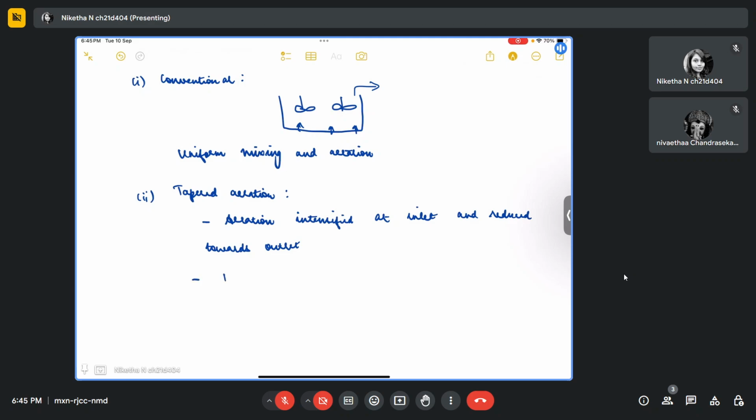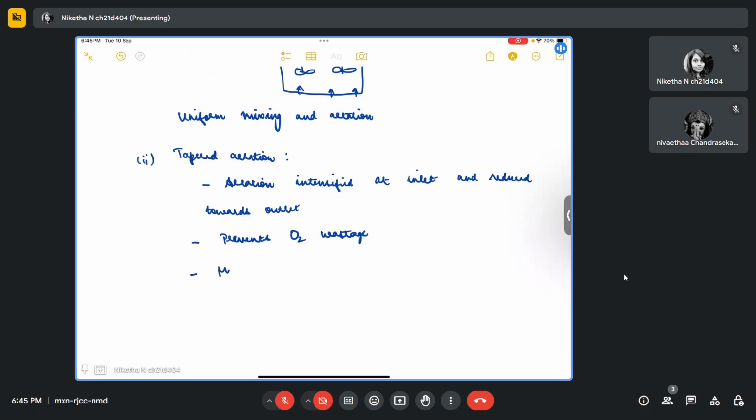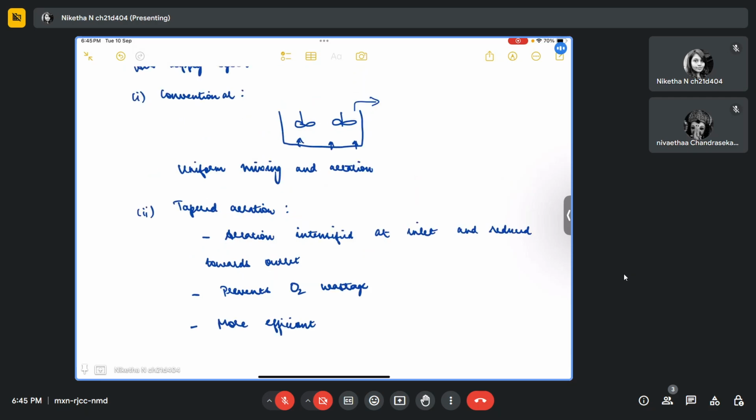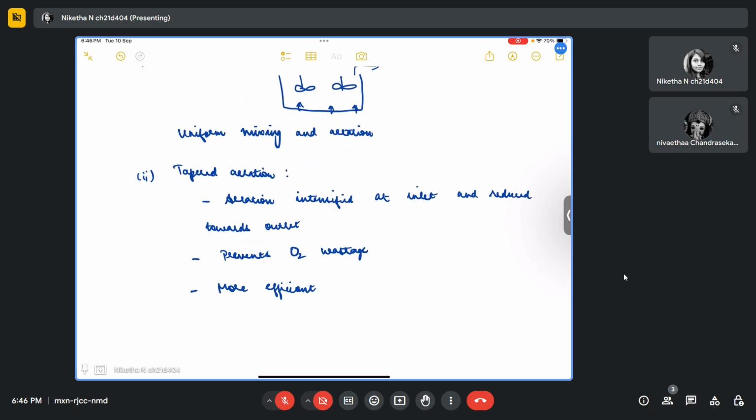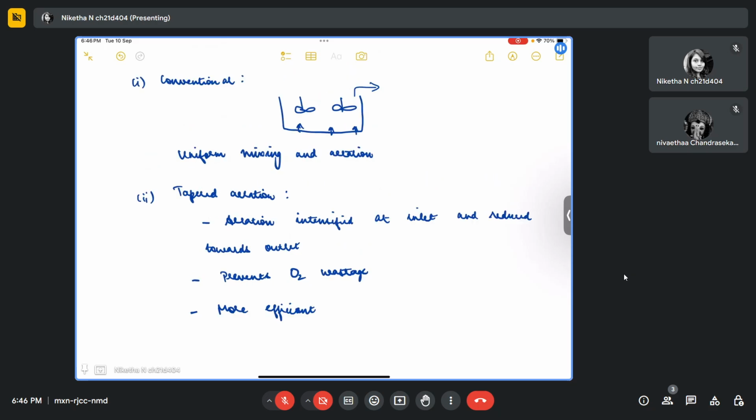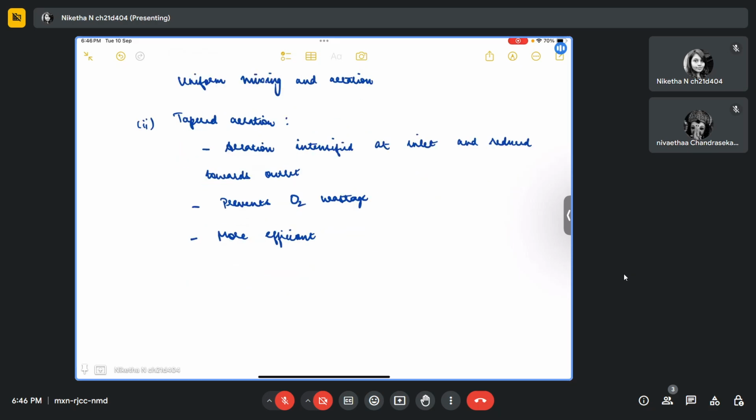So this method will prevent O2 wastage, and it is more energy efficient. So here by efficiency we mean how much BOD is getting removed relative to how much energy is used up to run this. So when we compare the conventional method with the tapered aeration method, we find that in tapered aeration we are reducing energy losses, and that is why the system becomes more efficient.